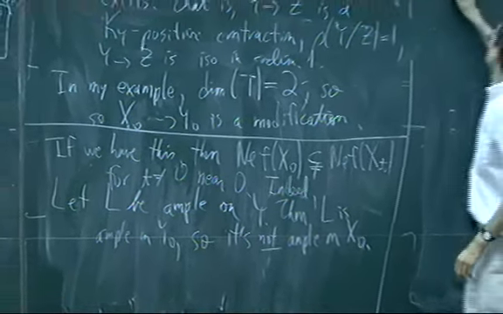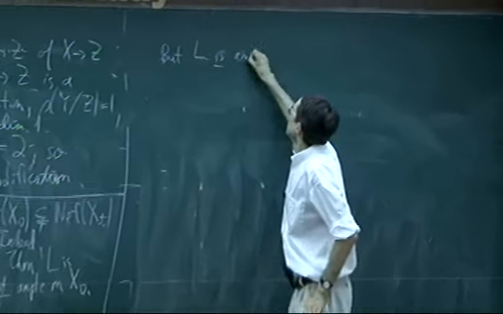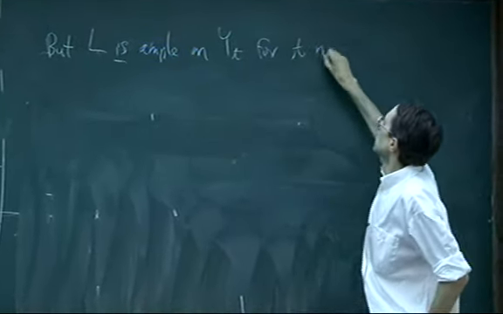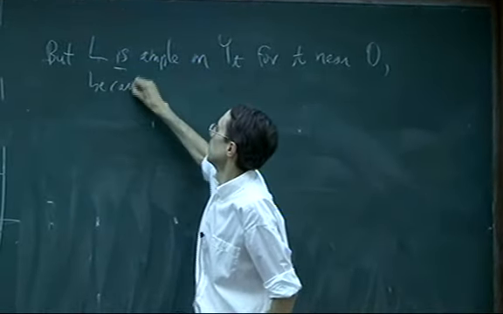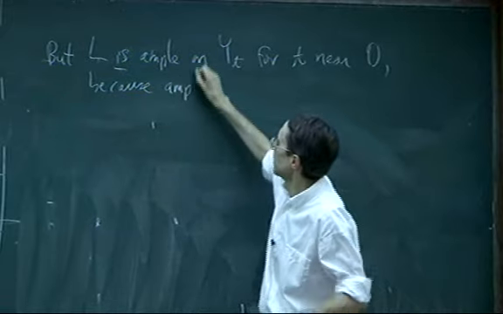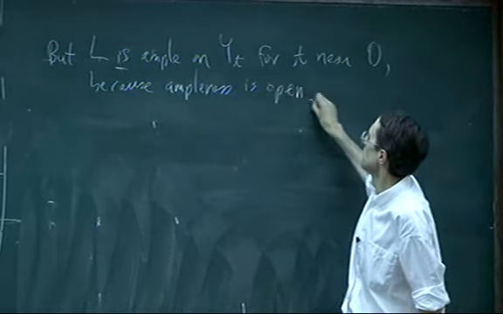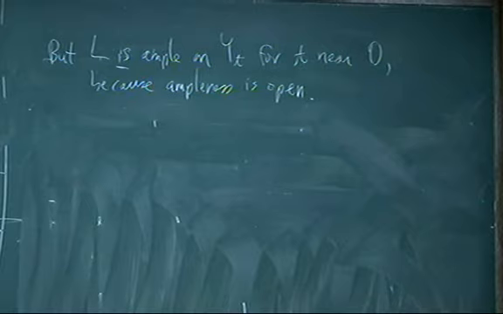Okay, but L is ample on Y_t for t near 0, just because ampleness is an open condition. If you've got a line bundle that's ample on one fiber, then it's ample on nearby fibers too. And of course, this rational map from there to there is only changing the central fibers.